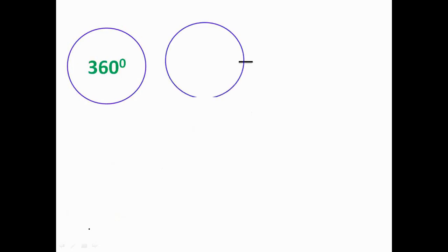Let's see some basics about angles. A full rotation, a complete circle, represents 360 degree. Then half rotation will be 180 degree, because half of 360 is 180 degree; you can divide by 2 and get this result. So a horizontal line represents 180 degree.